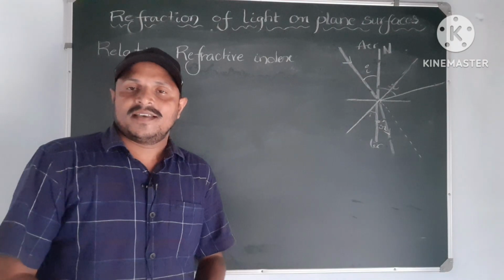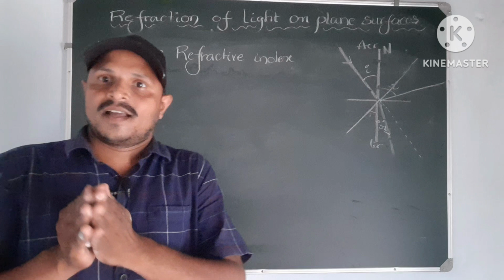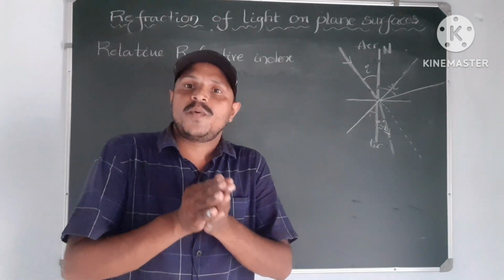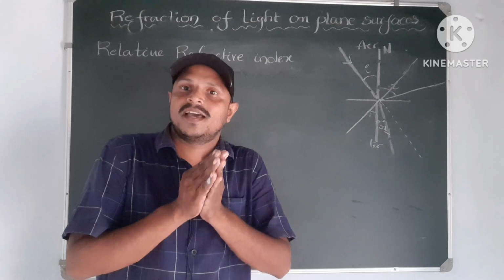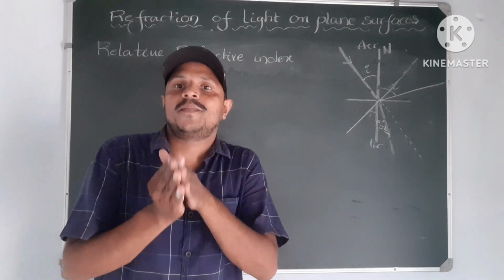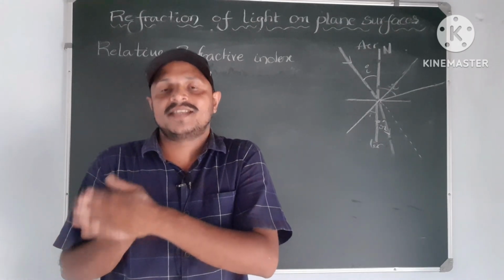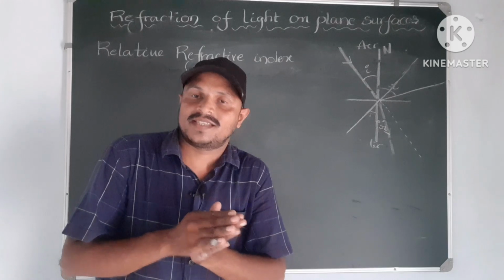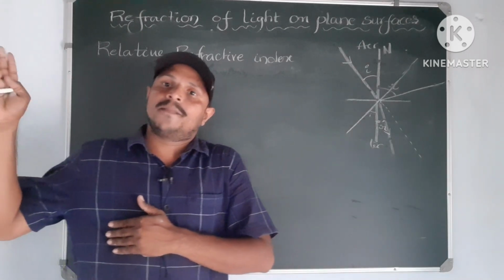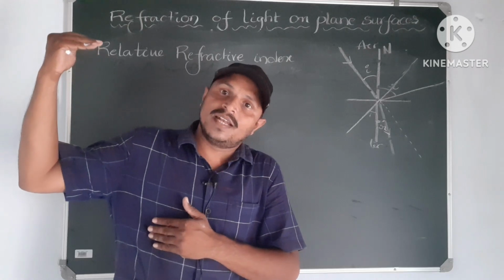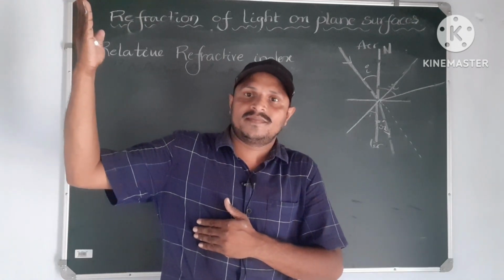Relative refractive index is the comparison of two media. The ratio of the speed of light in one medium to the other medium is called relative refractive index. Absolute refractive index means comparing with the speed of light in vacuum.